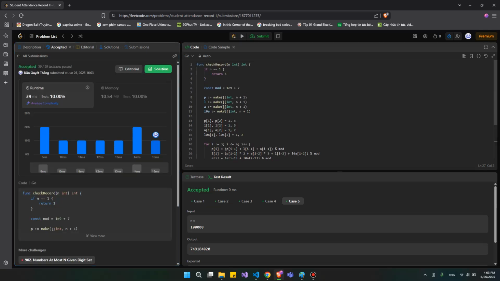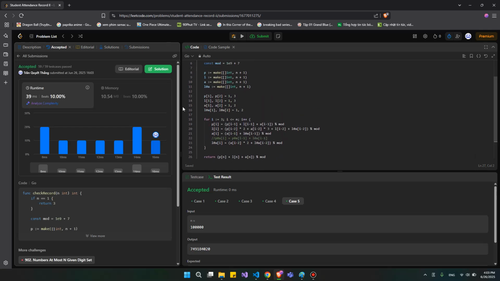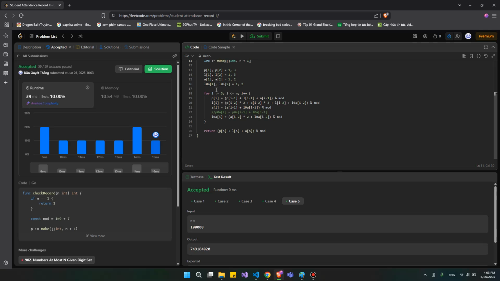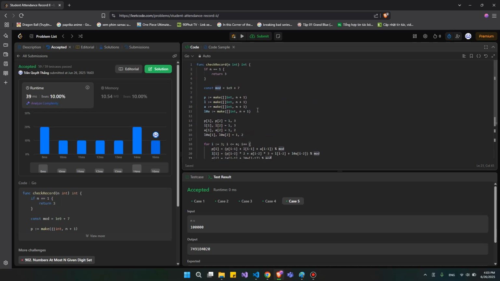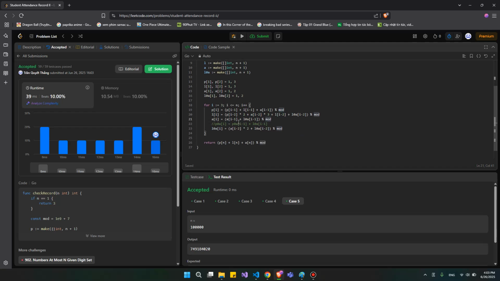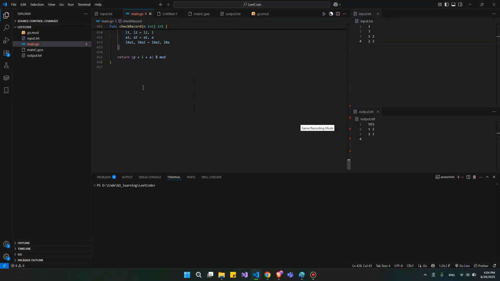Yes, it should work, but still a bit slow because we use too much space here. But if you note, we only care about one and two steps before every of this slide, so you can review it.